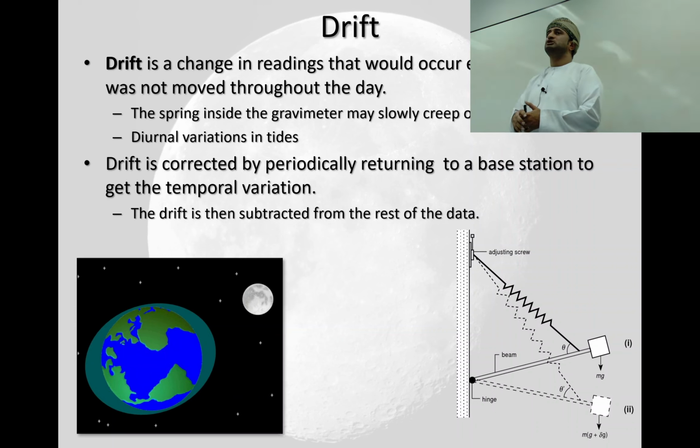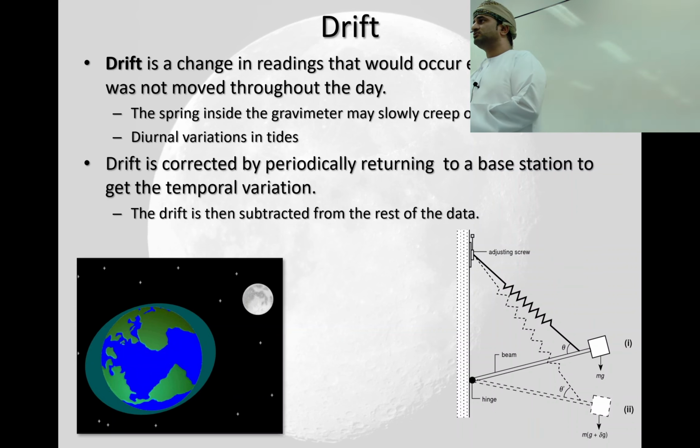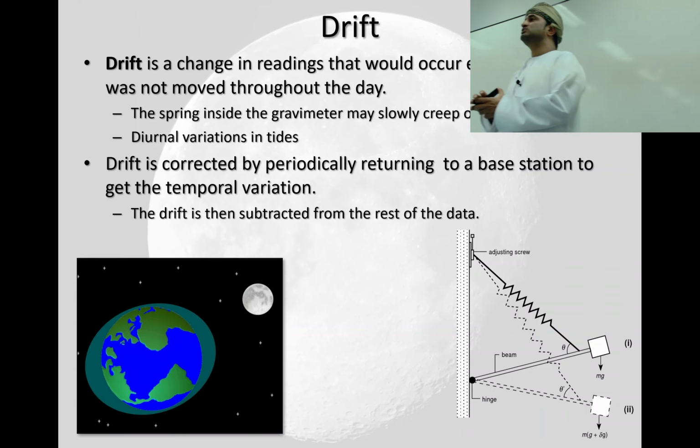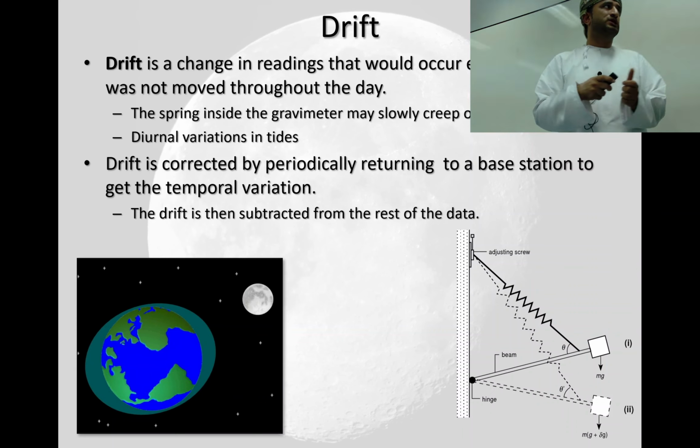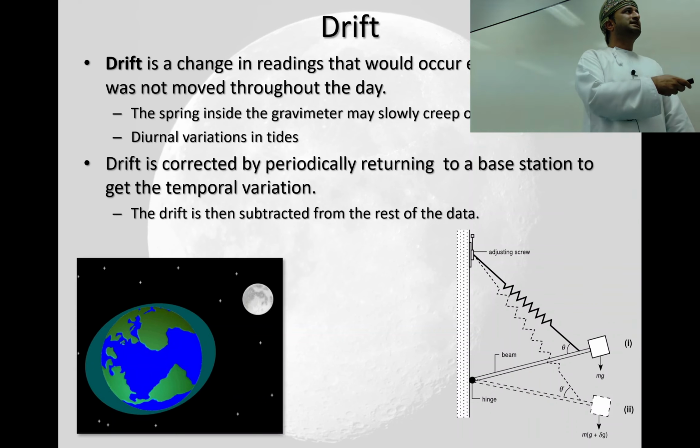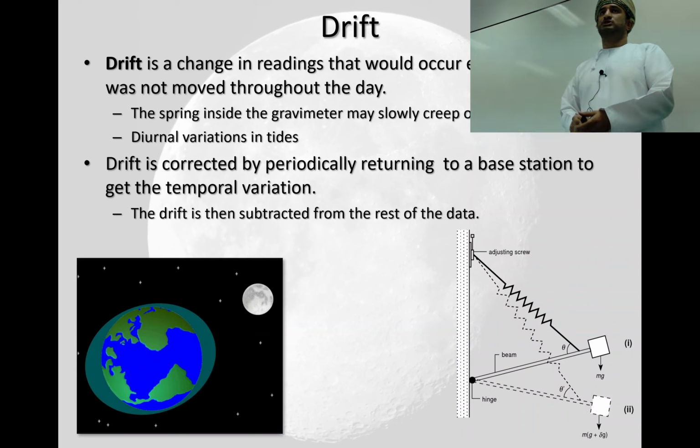Do you think the geology would change through time, in 1 day, 2 days, or 1 week, 1 year, 3 years? Geology changes in terms of millions of years. So the basic way to remove the diurnal correction is periodically returning to a reference point.